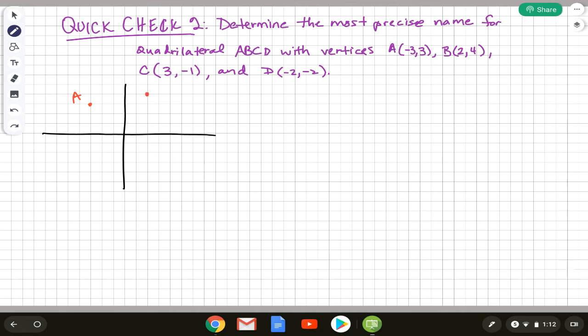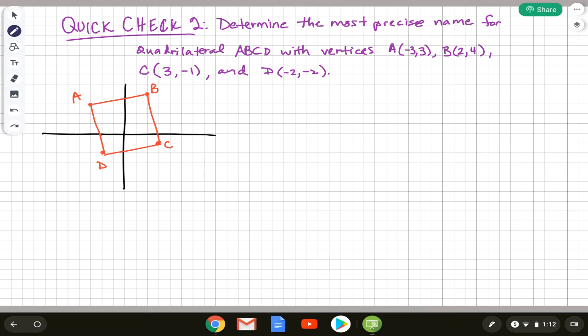There's my B. 3, negative 1. And negative 2, negative 2. So there's my D. Okay, so to me this looks like it could be a rhombus, maybe a square.